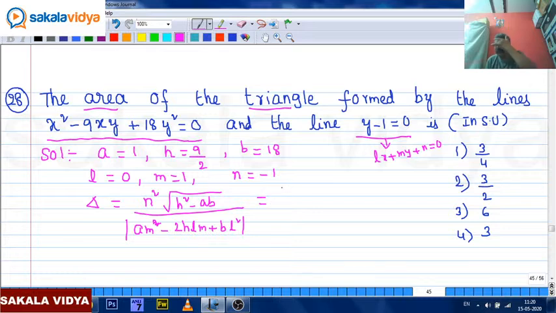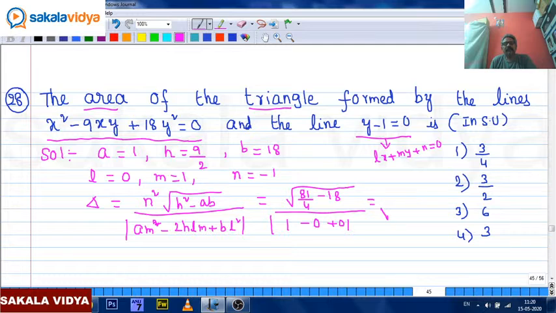So n square, what is n square? It is 1 root of h square. H square is 81/4 minus ab, minus 18, by modulus of am square. What is am square? m is 1, a is 1, but L is 0, so 2hlm becomes 0, bl square also 0.